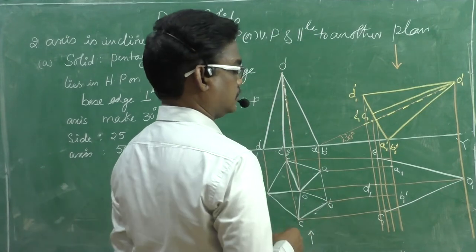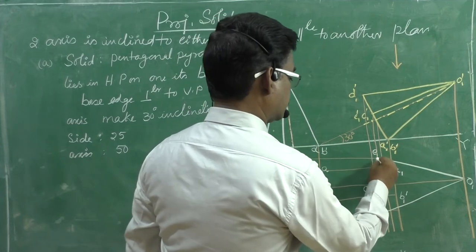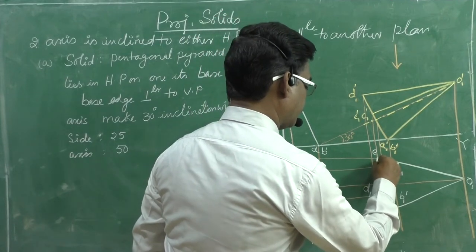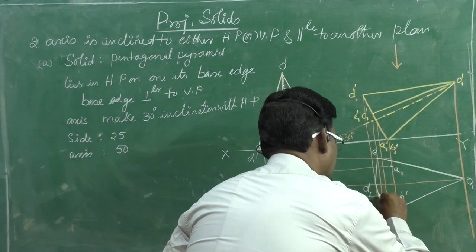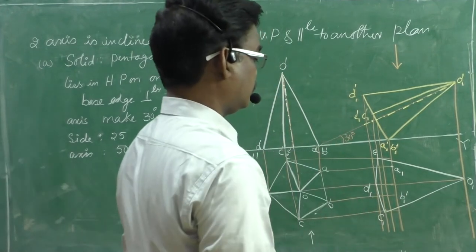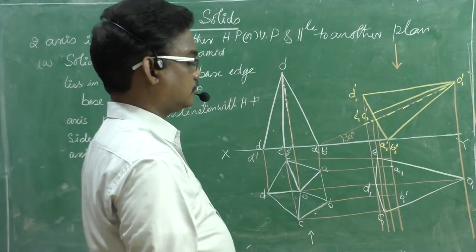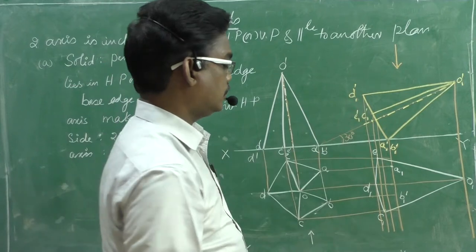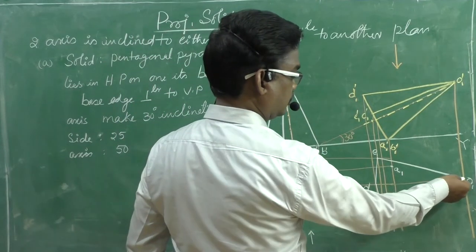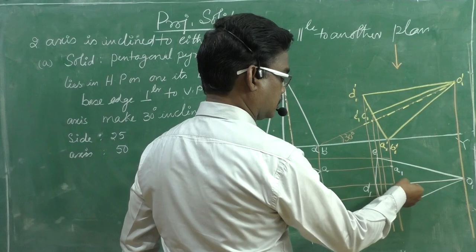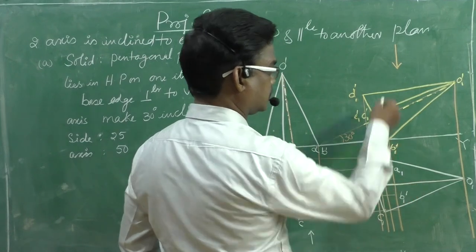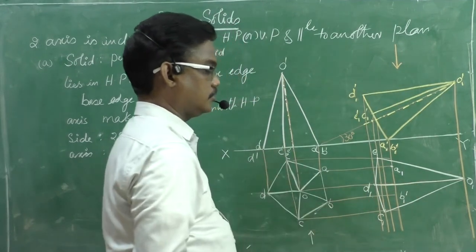Next, DE visible. Next, CD visible. What about this OD? OD is visible, therefore we need to darken this. This is our viewing direction, OD.